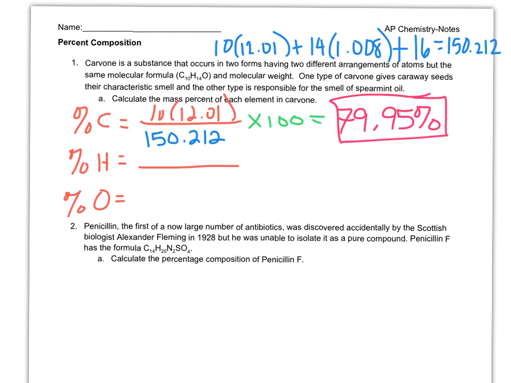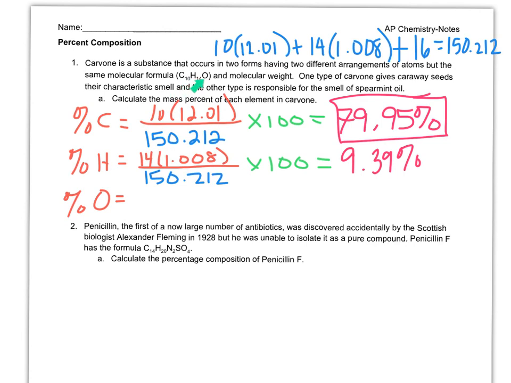So 14 times the mass of hydrogen, that's the part, over the whole, 150.212, times 100. Pause the video so that you can get the answer right now. And once you get it, the answer is 9.39%.